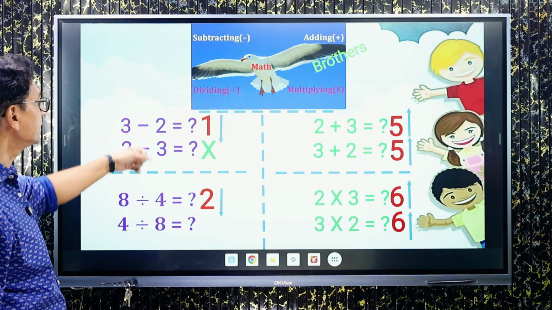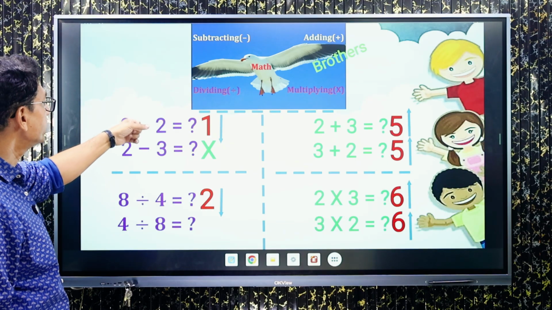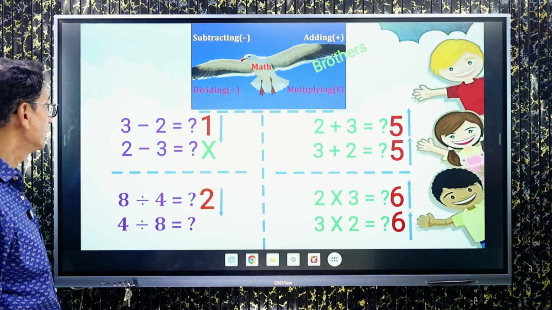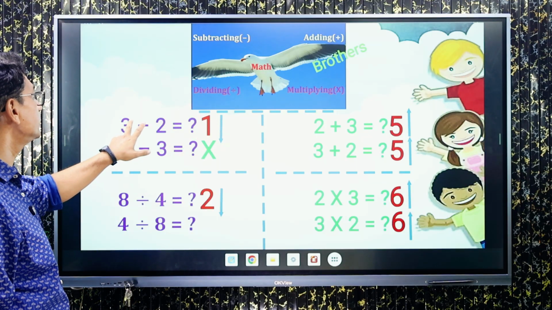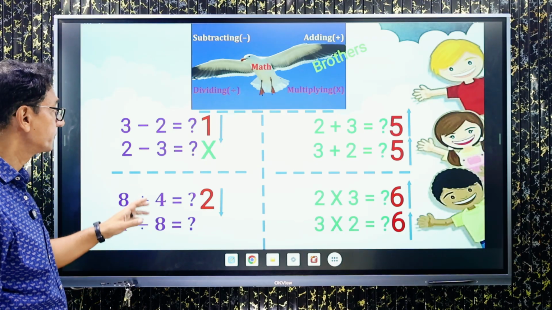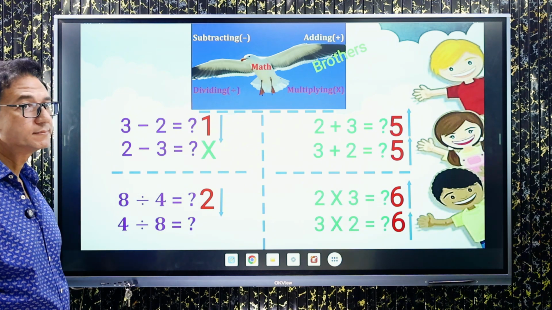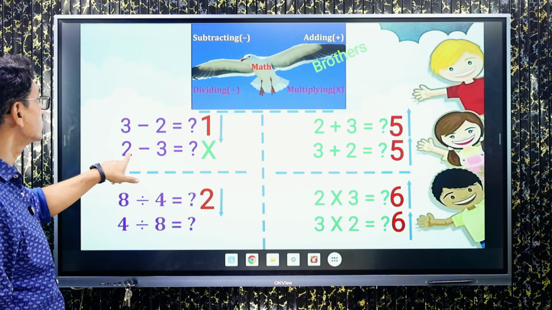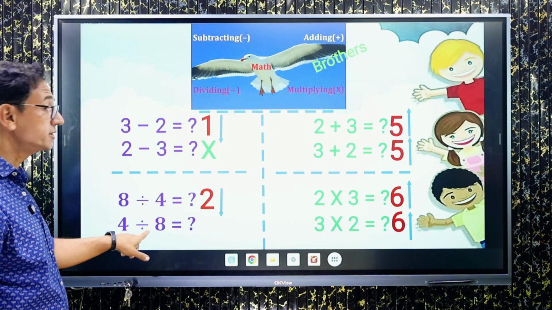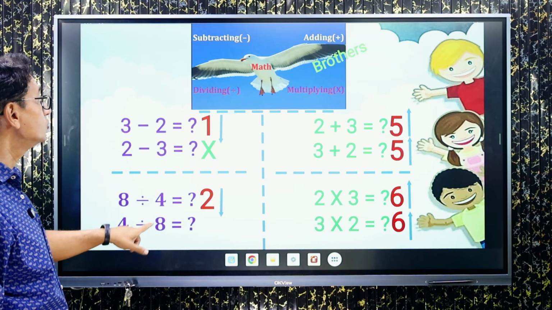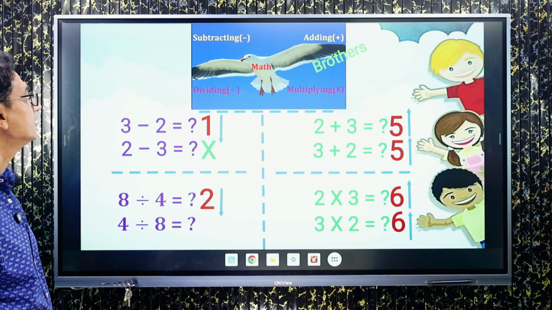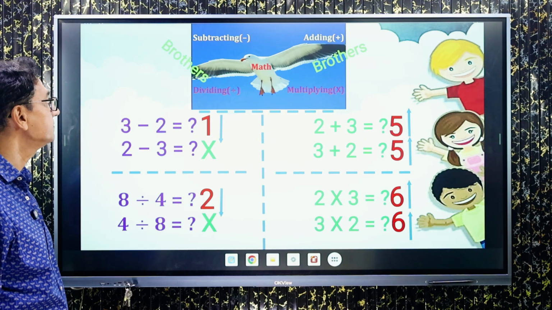So subtracting and dividing make numbers smaller. And if we change the two numbers with each other, it cannot be. It's not possible to subtract the smaller minus the greater, or divide the smaller by the greater. So we can say that subtracting and dividing are brothers. Okay?